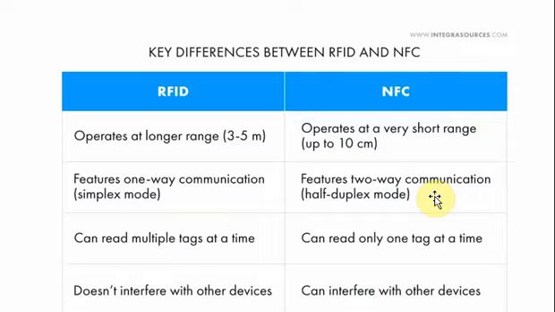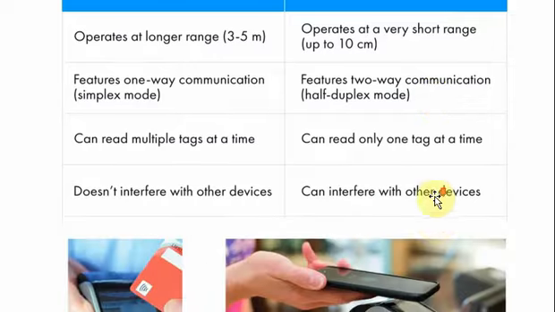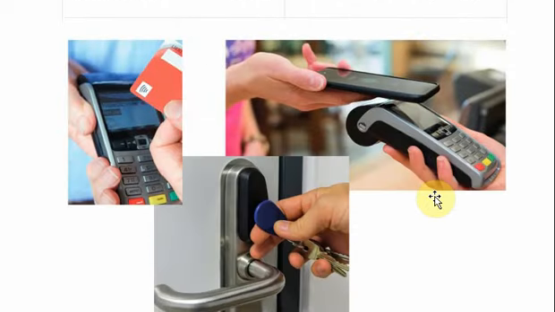At least if there are two, you can easily write. At least you should be able to give one. NFC means near field communication. Near field means it is short range. Likewise you can memorize. We can use it for different purposes, right?